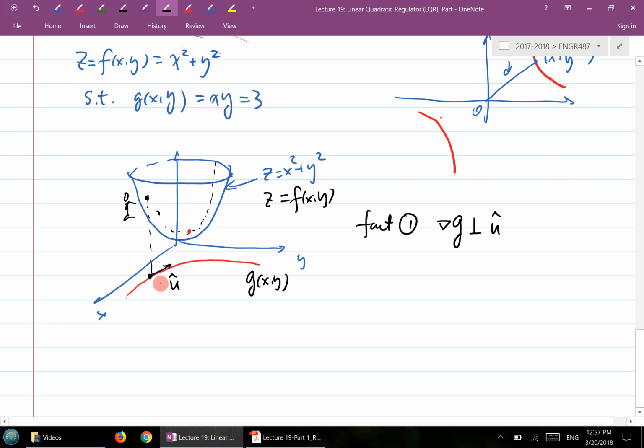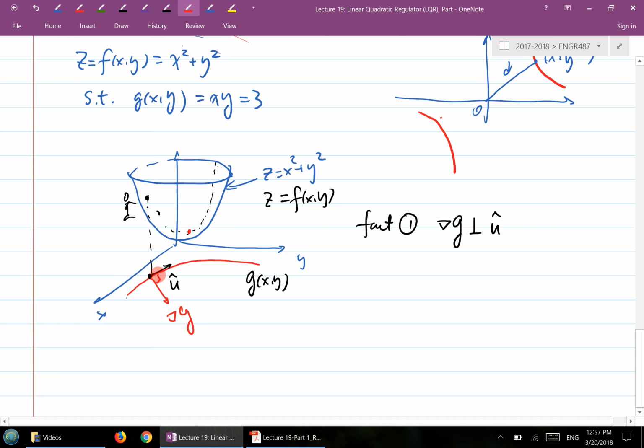So basically, the del g will be perpendicular to this u hat at here. Is that good? So that's the first fact.